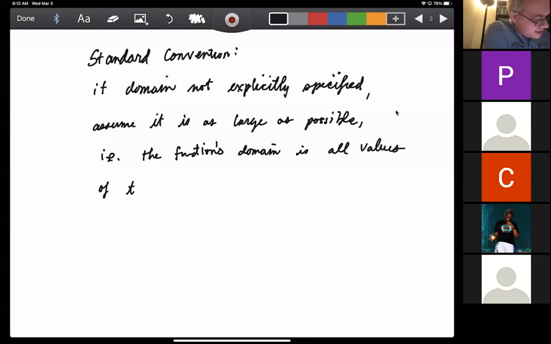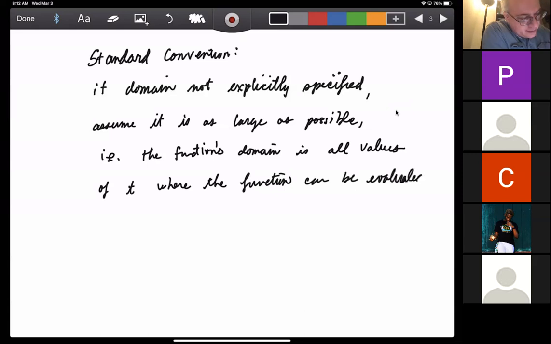So I'll just call it T, where the function can be evaluated. Okay, so for example, if I've got a function R of T, and I say that I want this to be natural log of 1 minus T.